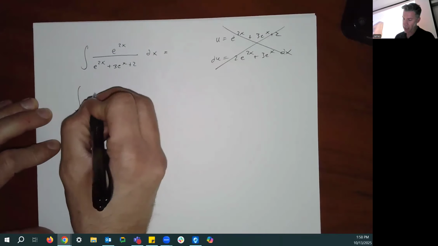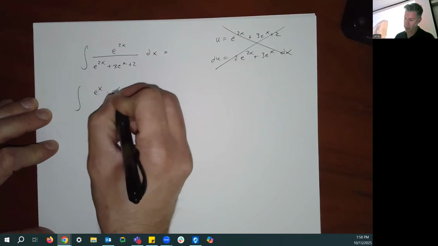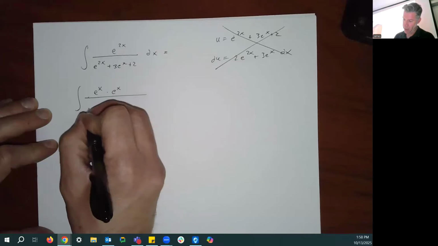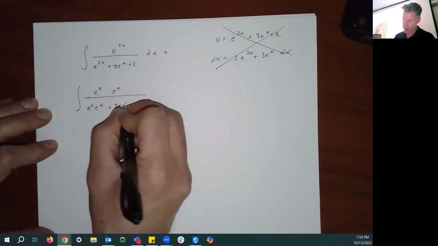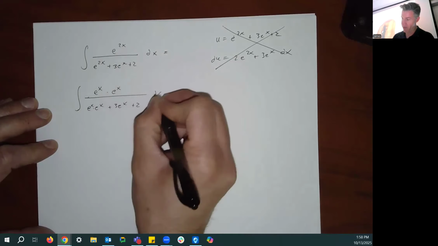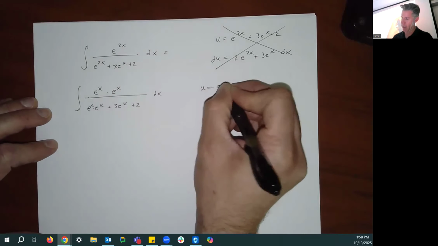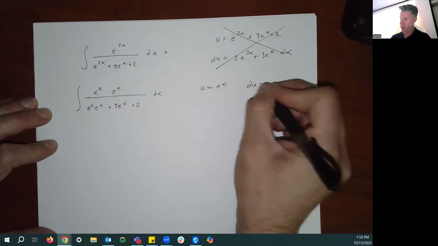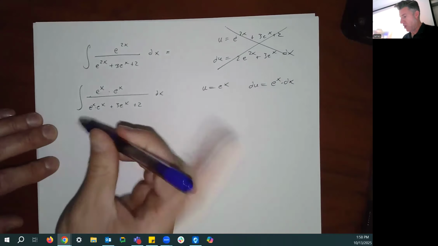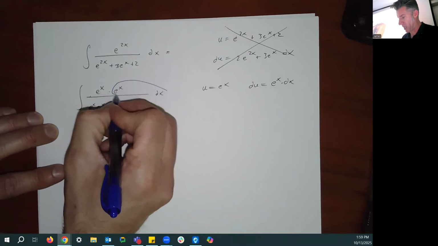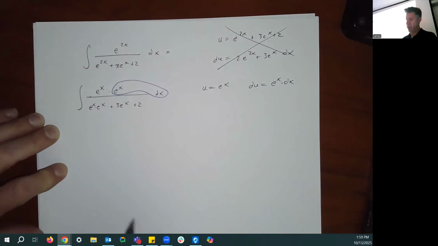So I'm going to write this as e to the x times e to the x over e to the x times e to the x plus 3e to the x plus 2. And then I'm going to let u equal e to the x. My du is going to equal e to the x times dx. So this lone e to the x over here times dx, that's going to get soaked up by the du.